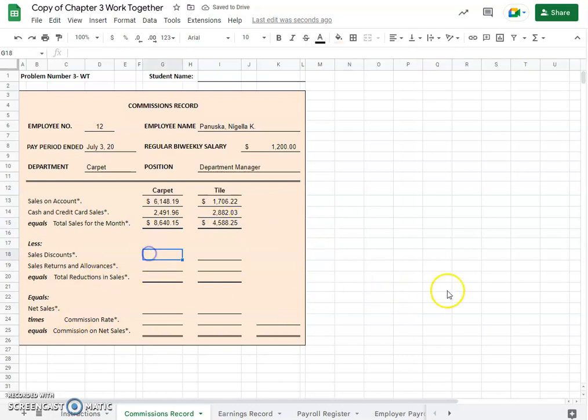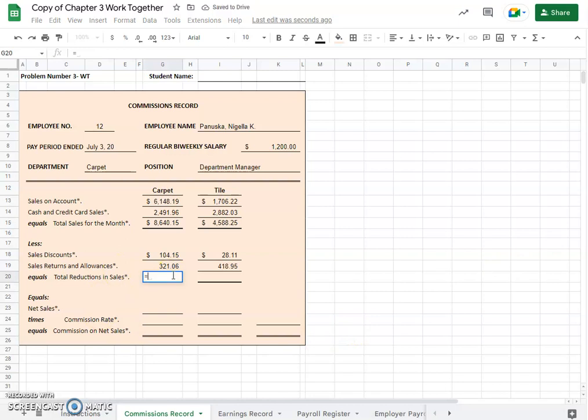Okay, so then from our book we need sales discounts and sales returns and allowances, 104.15. And again, if you're wanting to follow along on your book, it would be page 74. And sales returns and allowances, 321.06. And for the tile, 28.11 and 418.95.